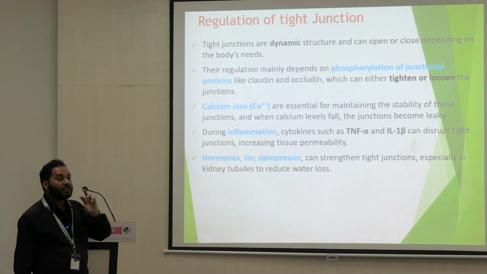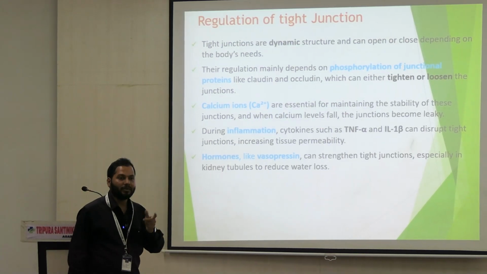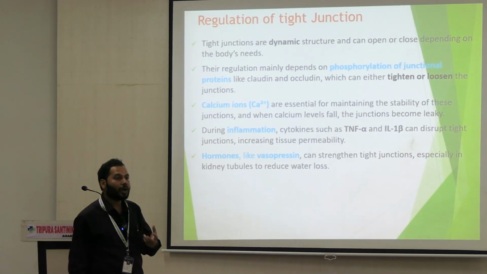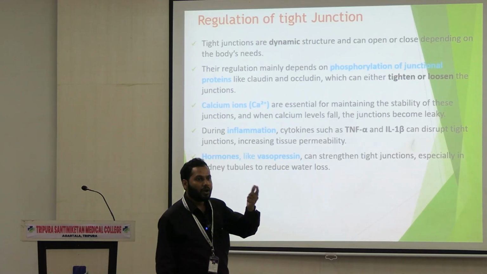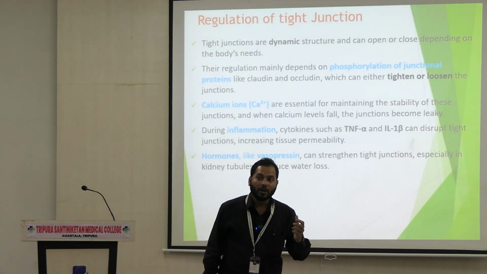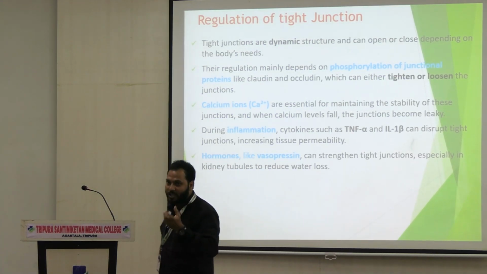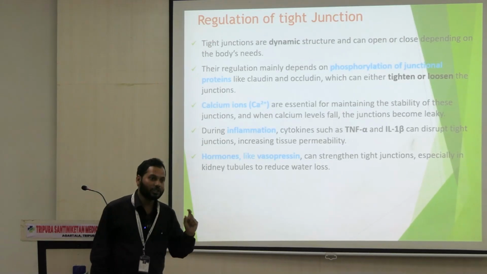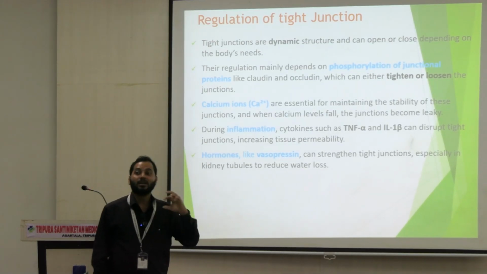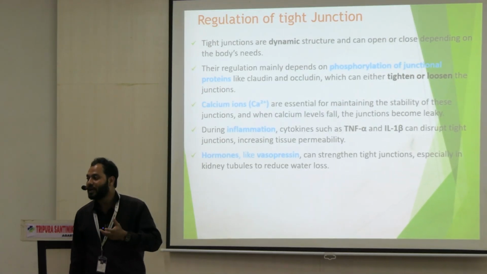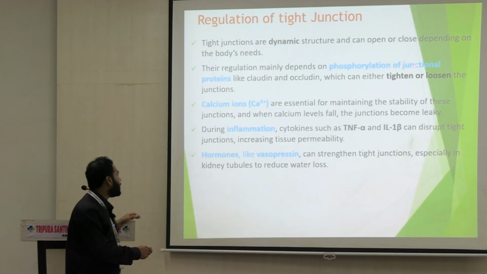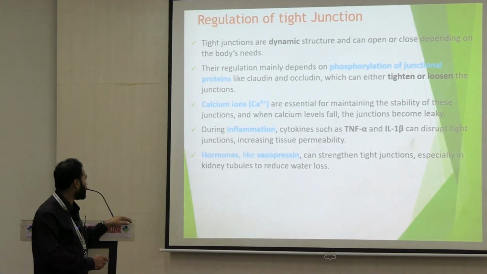Because this tight junction is very dynamic, based on the requirement of the cells, it can be loose or tight, right? But whether it loosens or tightens depends on whether these junctional proteins are phosphorylated or not. So, phosphorylation of junctional proteins is very important.